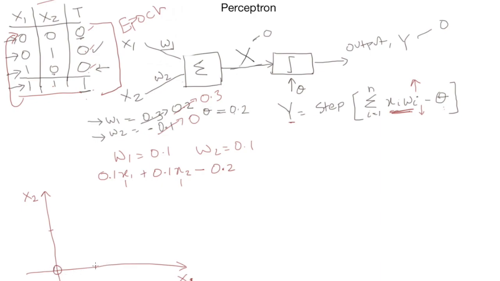When x1 is 1 but x2 is 0, the outcome is 0. This point is 0 and 1, which is also a 0. When x1 is 1 and x2 is 1, then the desired output should be a 1.